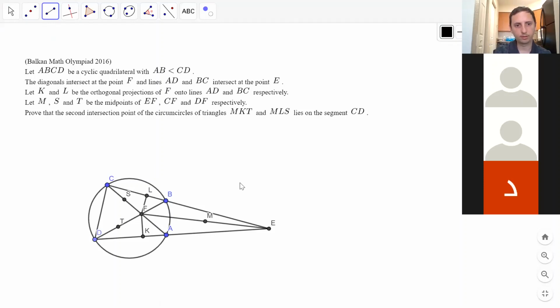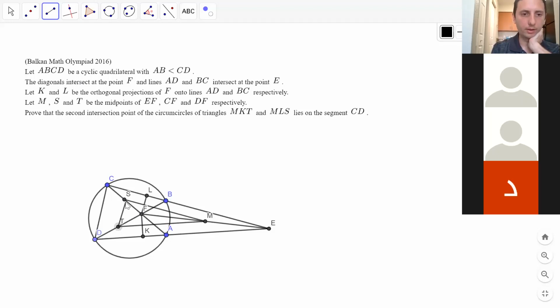And also S and T correspond to one another. So FLS is similar to FKT. We have a lot of similar stuff here. MS is parallel to CE, and MK is parallel to BD. So we have some parallels here. Is that right? No, I'm sorry, I need to draw MT.